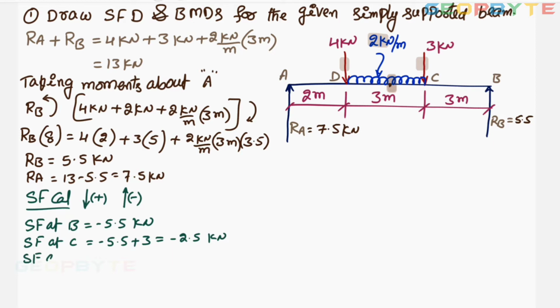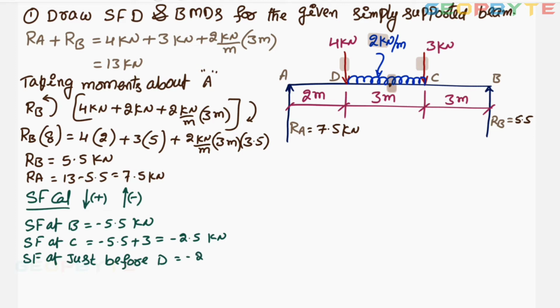Similarly, shear force at D. At D, two effects are there: one is the UDL effect, the other is the point load effect. In that case, you have to find the SF just before D. For finding just before D, you consider only the effect of UDL.